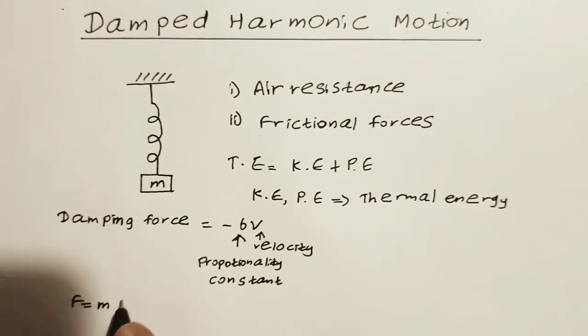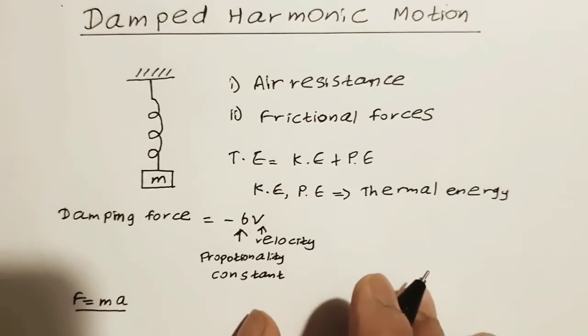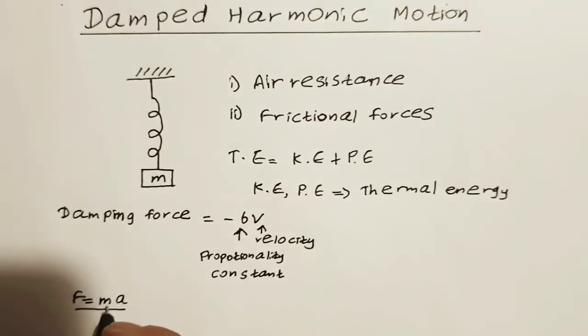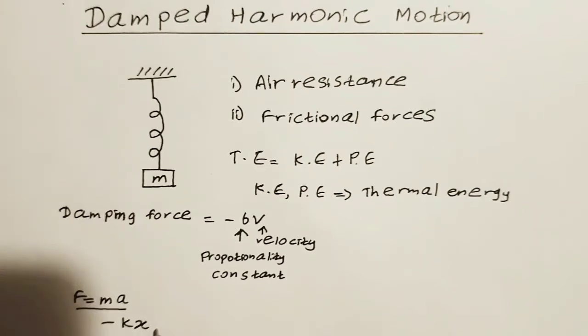to the mass. When we apply F equals ma, we can see minus kx, where k is the spring constant and x is the displacement. The spring constant can be said to be the stiffness factor.